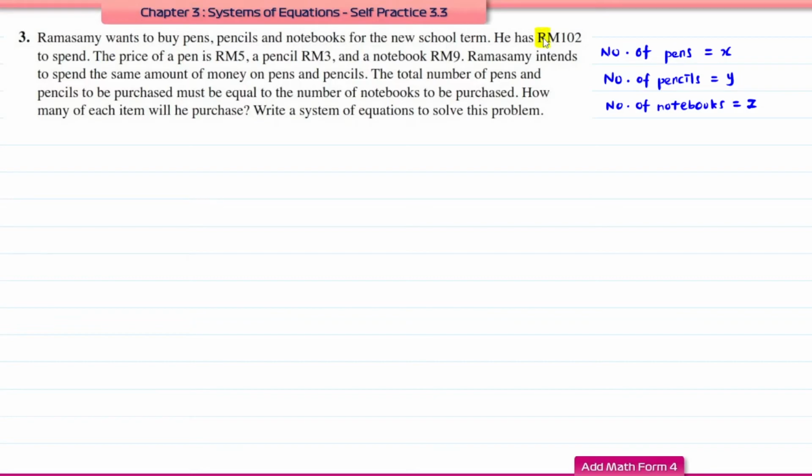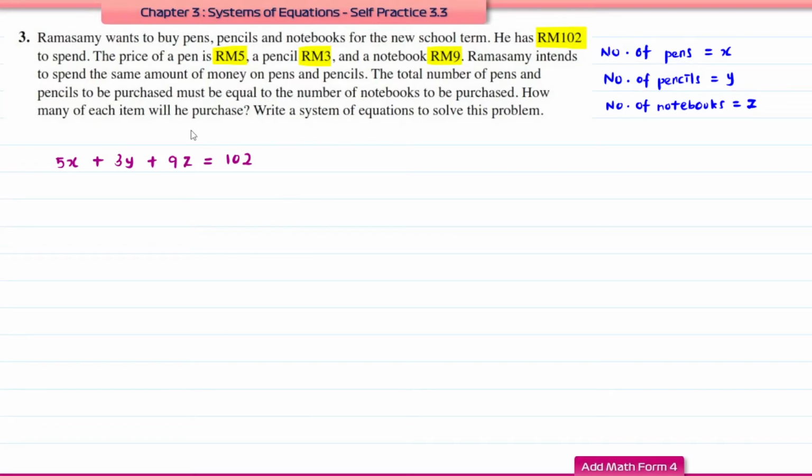So first, Ramasamy has 102 ringgit to spend, which means the amount of money for the pens, which is the number of pens X times RM5, plus the number of pencils Y times RM3, plus the price for the notebooks, Z multiplied by RM9, is going to be equal to 102. So the first equation that we will write is 5x plus 3y plus 9z is equal to 102.